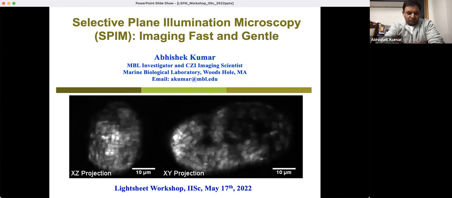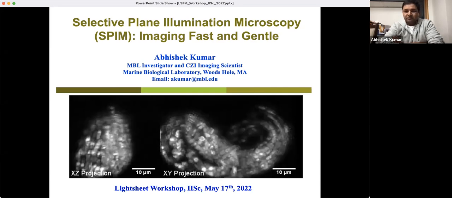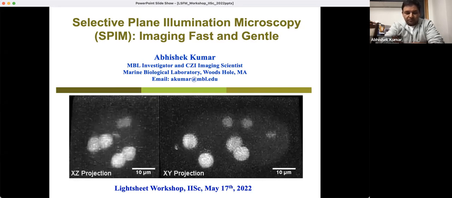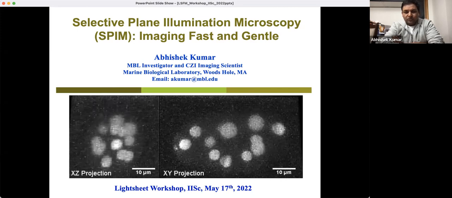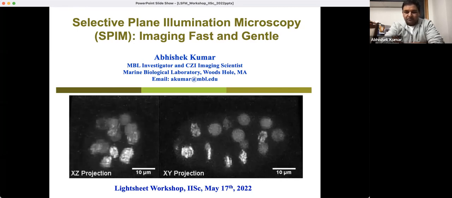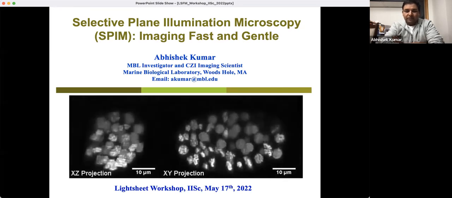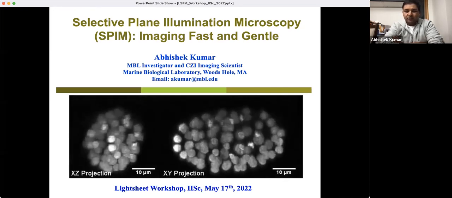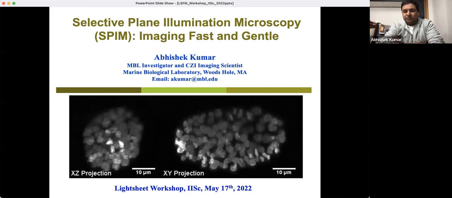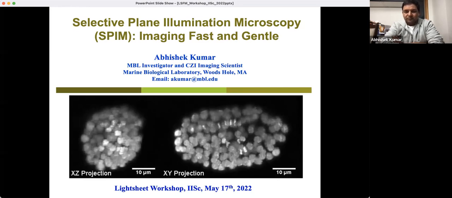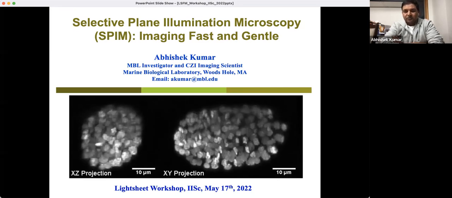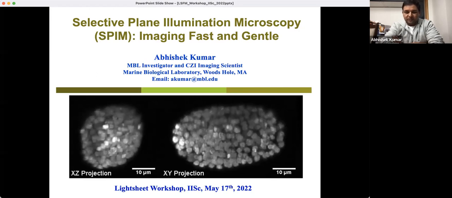So there is no one system which can meet all our requirements. We will go through different variants of light sheet systems. Unfortunately, I won't be able to cover everything because there are so many by now, but I'll try to give you a glimpse of the broad groups into which you can subdivide this field.